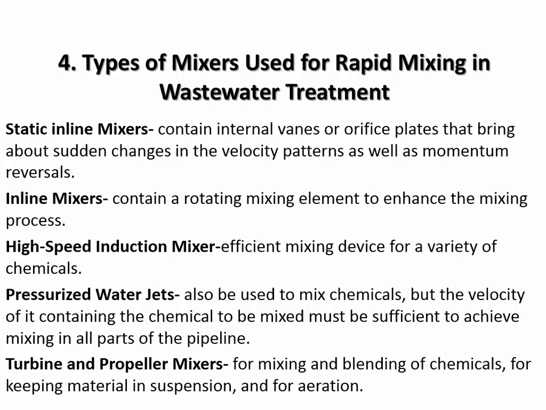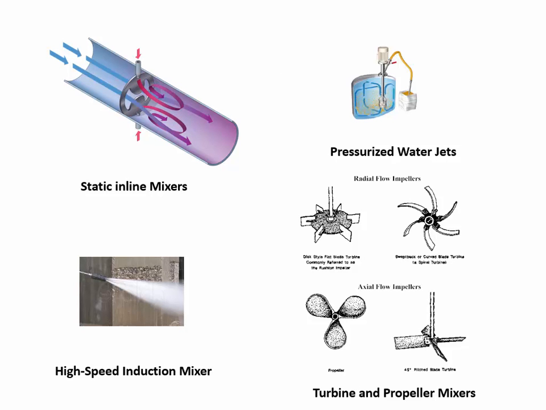The last one, the turbine and propeller mixer, is also a mixer used for maintaining solids in suspension in wastewater treatment or for chemical mixing. And there are some pictures of these mixers.